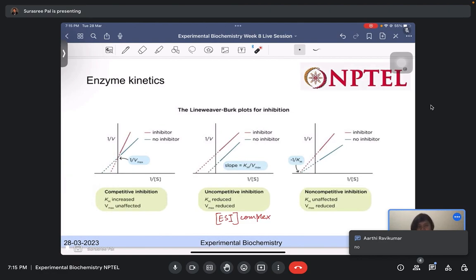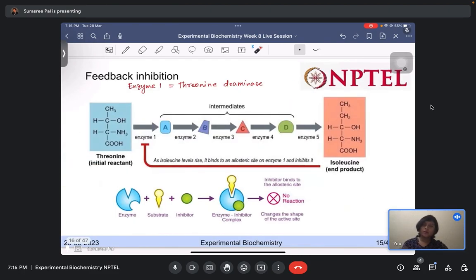All right. Then we will move on to another type of inhibition which occurs in metabolic pathways usually.